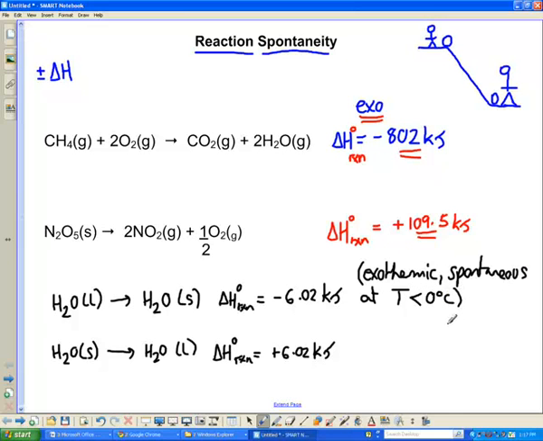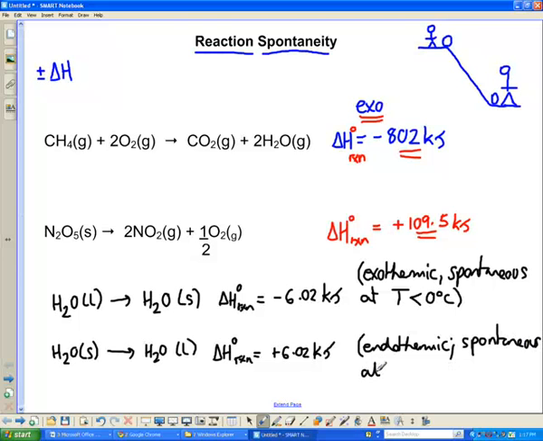All right. Now, when I look at this guy, endothermic reaction, it's actually rather the opposite. Ice is not going to spontaneously melt to water if it's really cold at these temperatures.